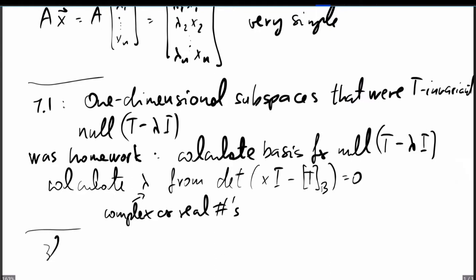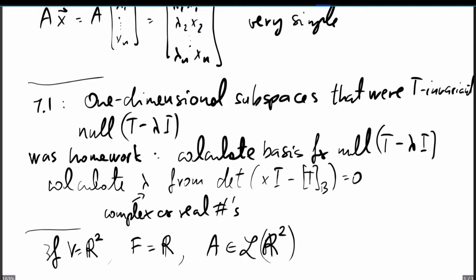So if, for example, V is a vector space, for example R2, and the scalar field F is all of R, real numbers, and we have A from R2 to R2, a linear operator on R2, defined by the matrix 0, 1, minus 1, 0.